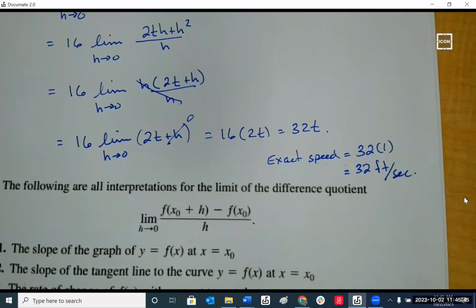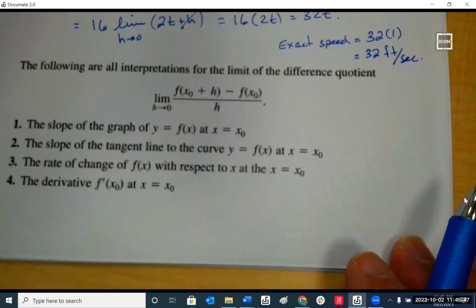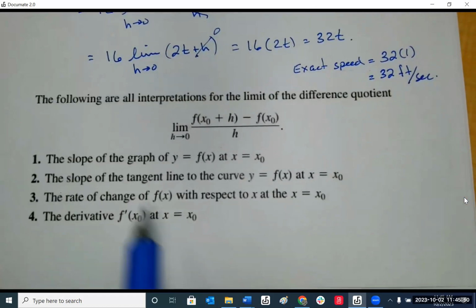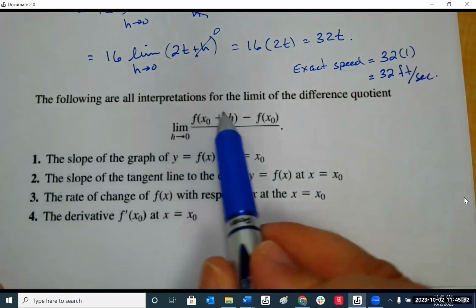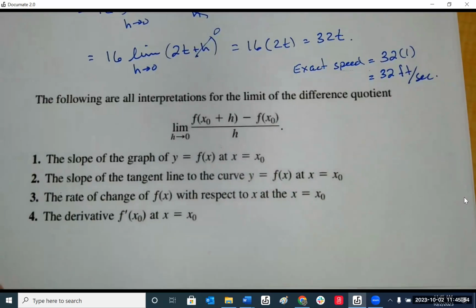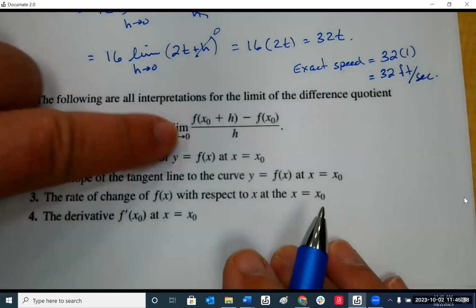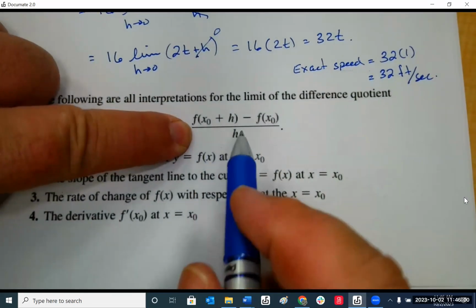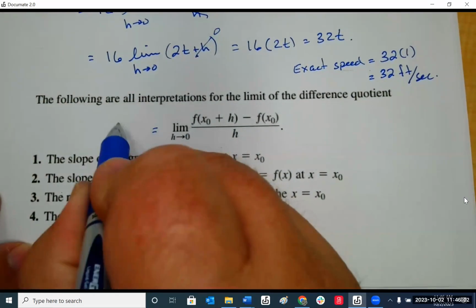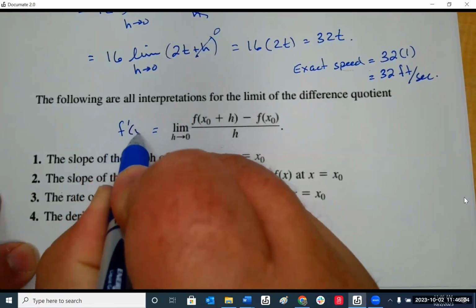That's what that first section is about. Here's a summary of it. The following are all interpretations of the limit. This is the slope, but when you put the limit in front of it, you now have the first derivative.